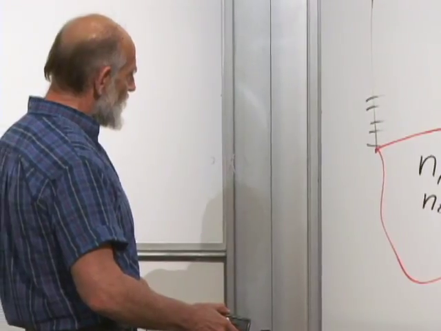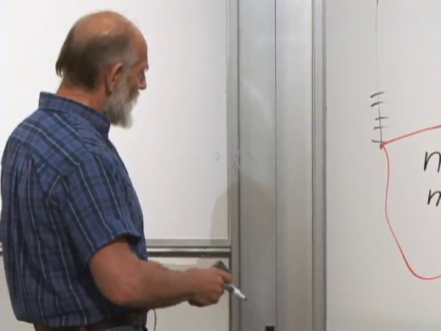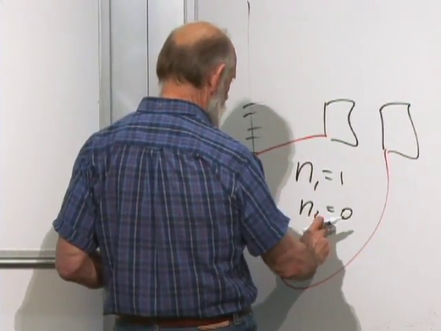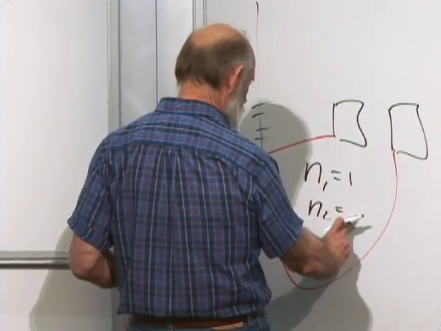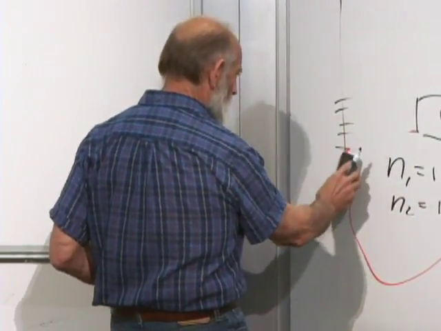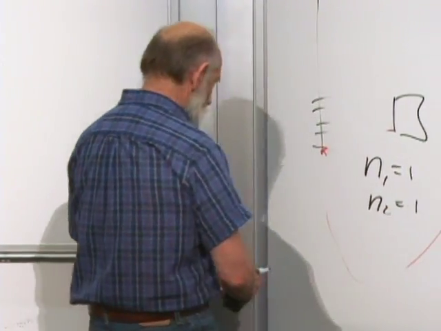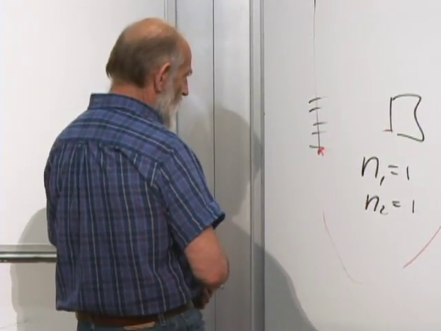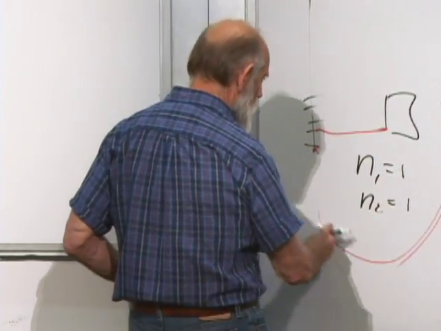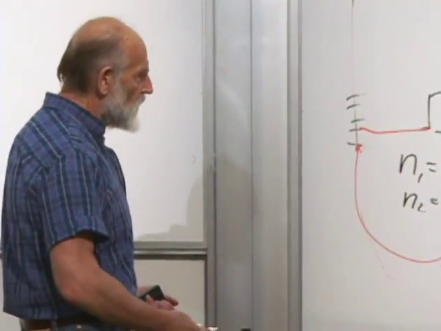Yeah, you can have them both. One goes to 1, the other goes to 2. Right. So N1 is 1, and N2 is 1. So now we have either this situation, or what's the other situation?